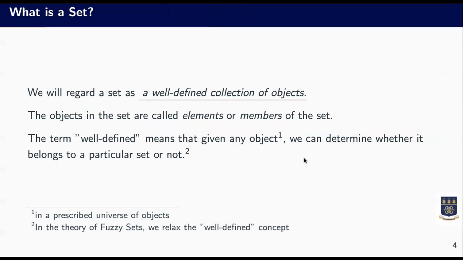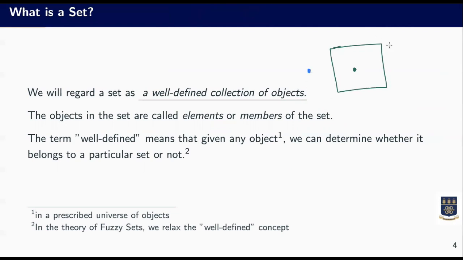A set is a well-defined collection of objects. What does that mean? It means that if you have some set, which I can denote with a square, you know when an object is in the set or an object is not in the set.